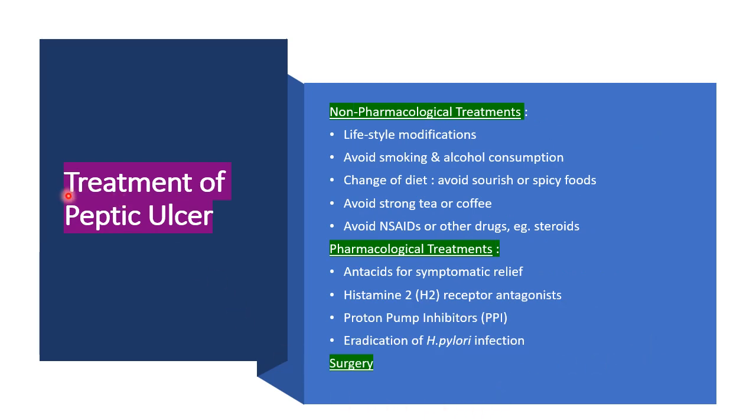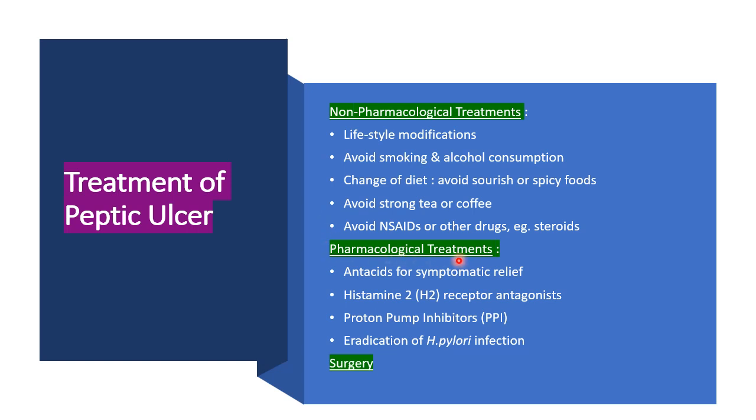What are the treatments available for peptic ulcer? There are three forms. Non-pharmacological treatment is lifestyle modification: avoiding smoking and alcohol consumption, changing diet to avoid sour or spicy food, avoiding strong tea or coffee, and avoiding NSAIDs and other drugs like steroids, which are irritants and destroy the mucosal barrier of the stomach.